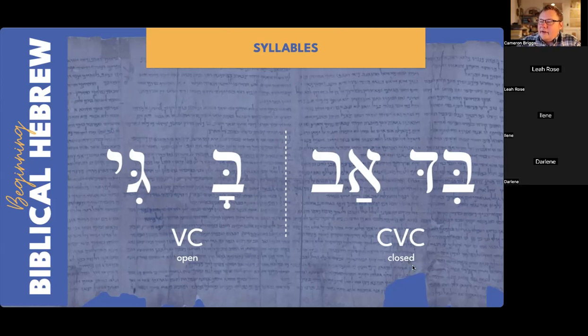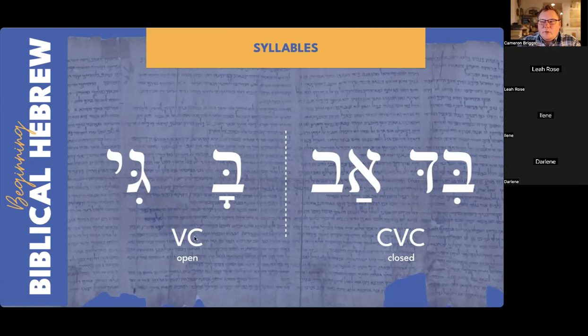But here on the right-hand side, we have what's a closed syllable, which means that it begins and ends with a consonant and has a vowel smushed in the middle. So here we have bet, hirik, dalet, and aleph, patach, vet. So these are what's considered a closed syllable.